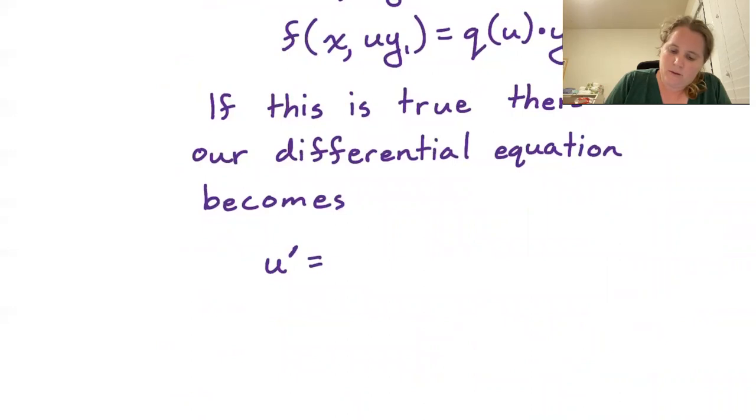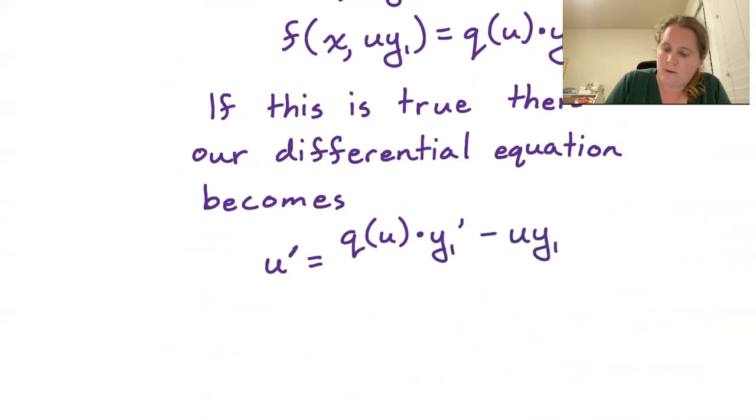So we have u prime is equal to q of u times y1 prime minus u times y1 prime, all divided by y1.